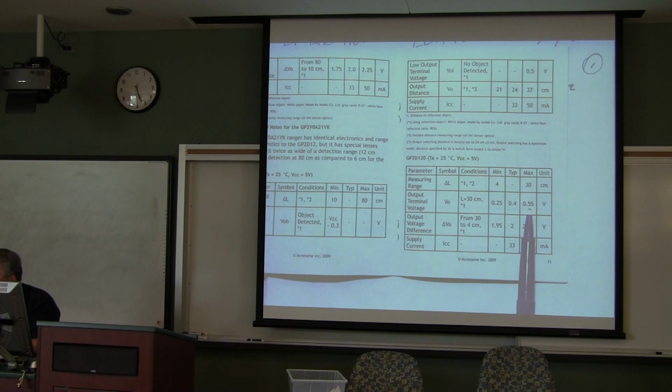And the expectation is that when it's at 4 centimeters, they say a delta V is going to be 2.25 volts to 1.85 volts, which means what is the voltage?